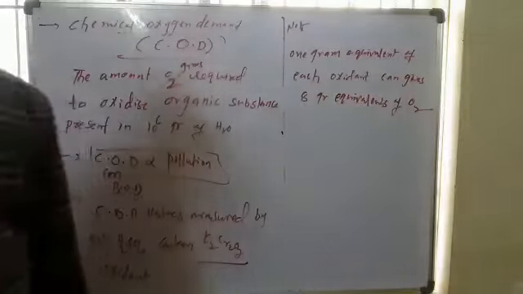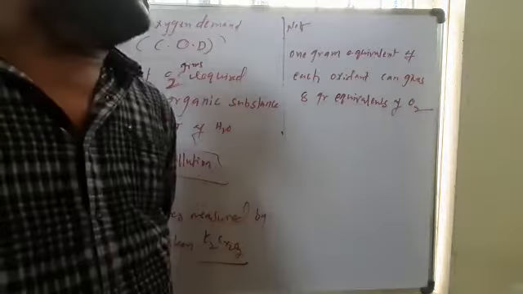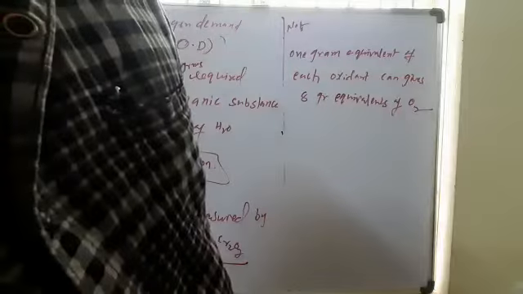So 1 gram equivalent of each substance gives 8 grams of oxygen.